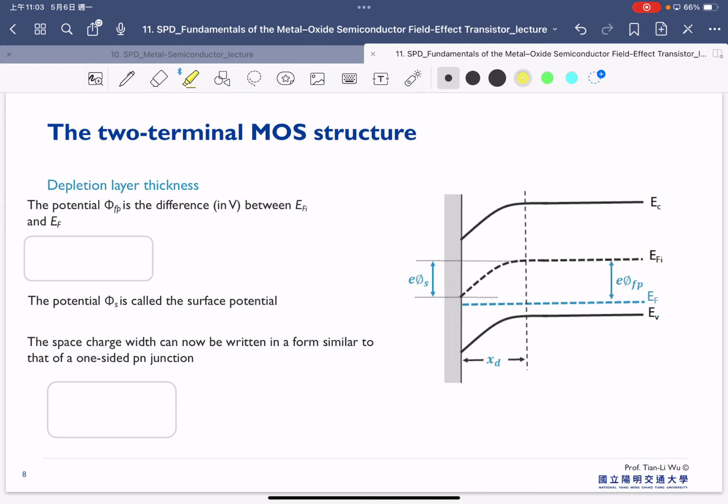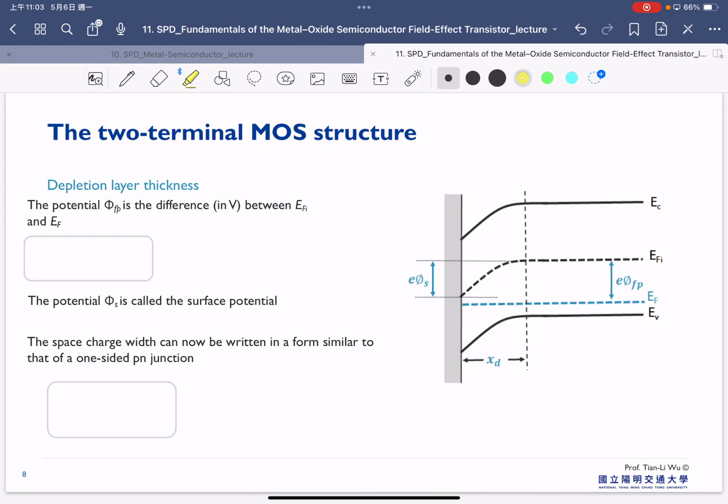The first one we'll be interested in is the depletion layer thickness. But the calculation here is very similar to what we have already done in the other structure shown in the previous lectures. So it should not be very complicated for everyone.